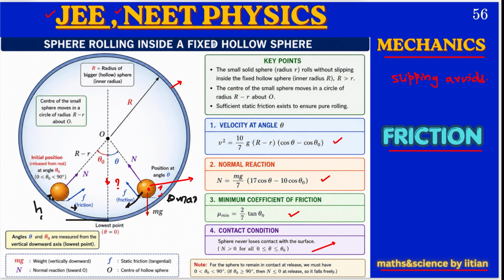It is full of concepts on friction and rolling motion. To avoid slipping, what is the minimum friction required, how the normal force is calculated, and how the velocity at any angle theta is calculated. It involves the concepts of potential energy and kinetic energy.